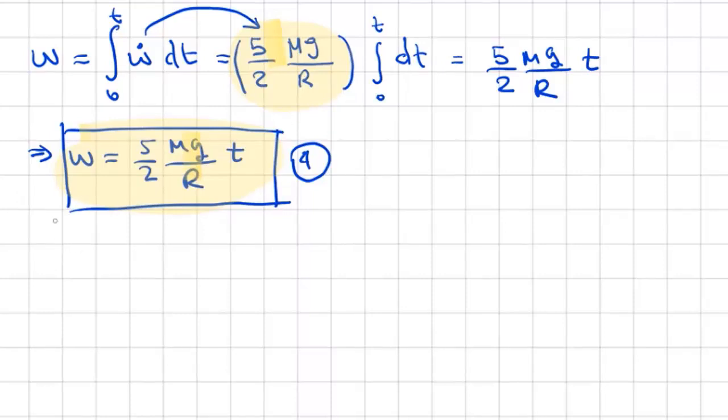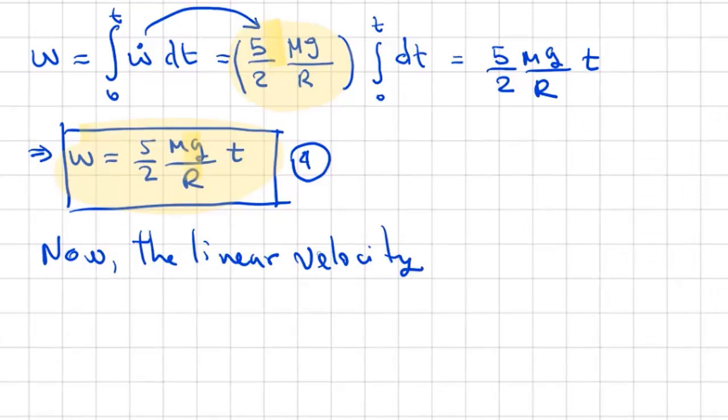Let's see now the linear velocity of the center of mass is calculated from equation 3.1. Where is equation 3.1?